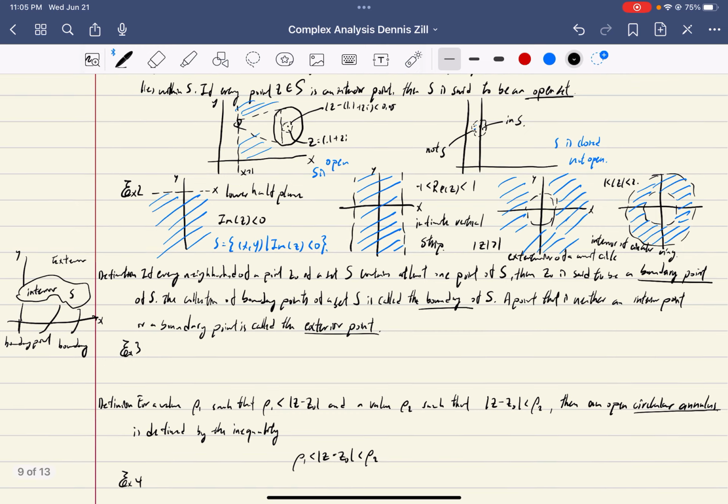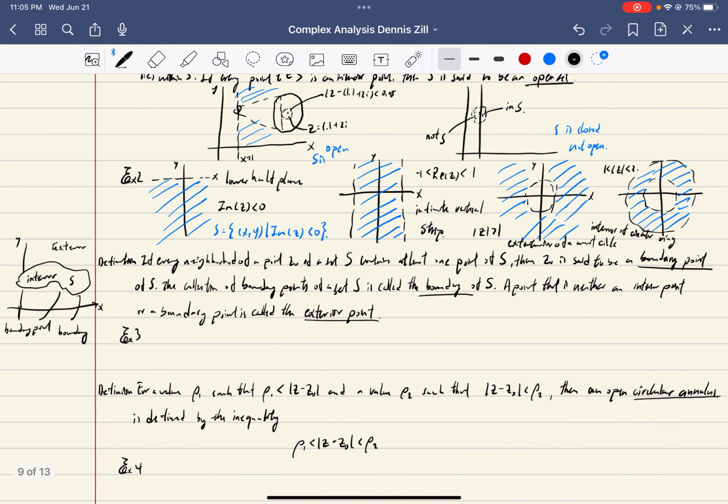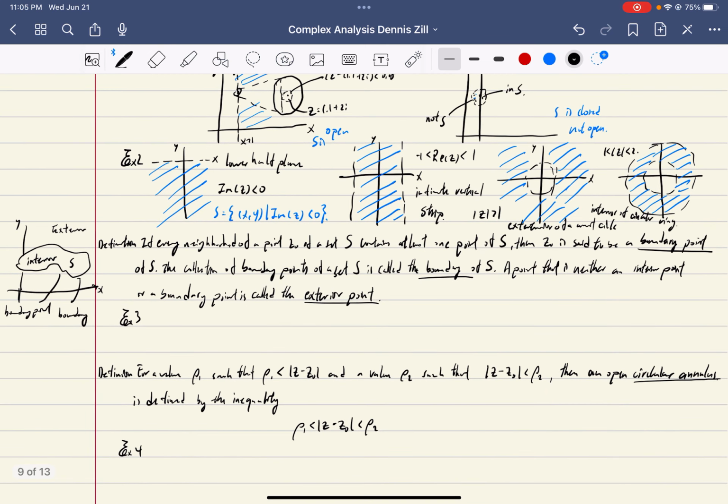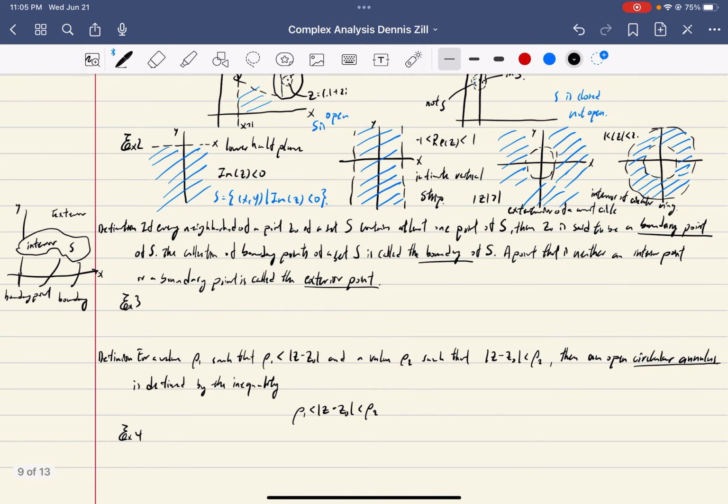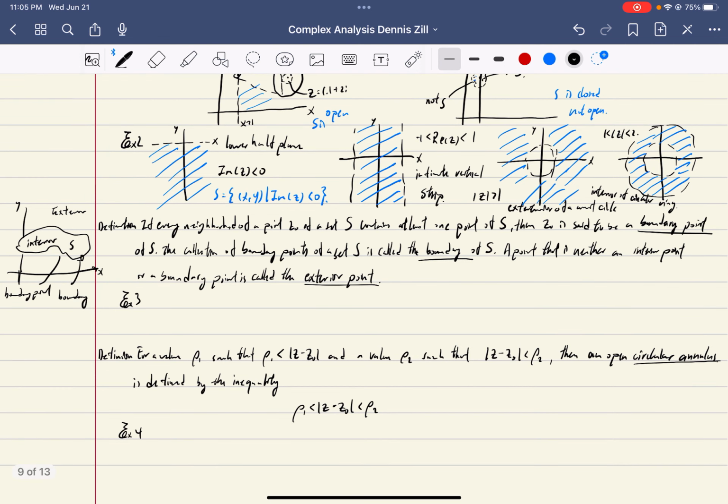Now, a definition. If every neighborhood of a point z0 of a set S contains at least one point of S, then z0 is said to be a boundary point. What does it mean to contain at least one point? If we draw a neighborhood so small like that, although most of it contains an exterior point, notice that at some point over here we still contain an interior point.